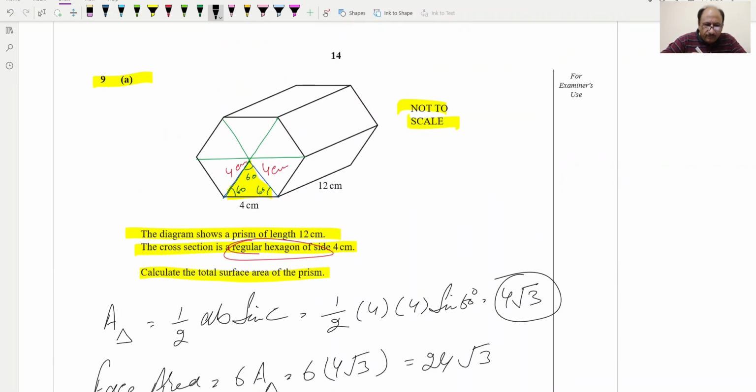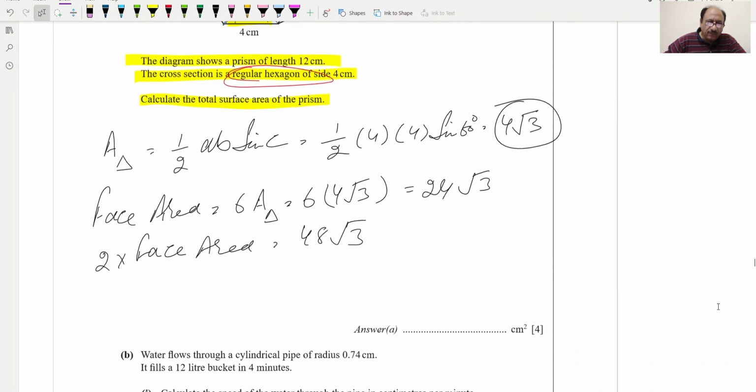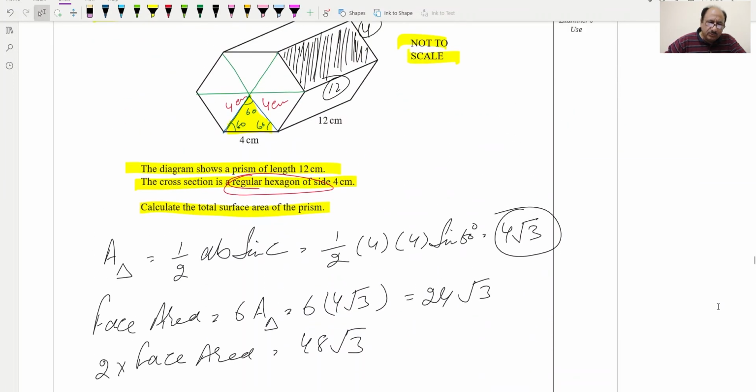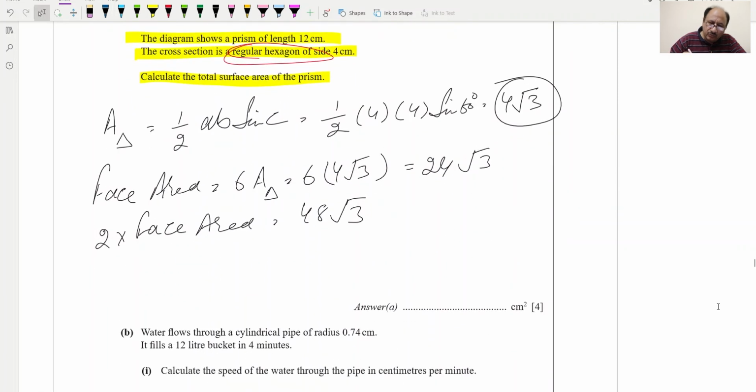Now we can find the area of this portion, this side. This will be 4 centimeter and this is 12, so 12 into 4 will be 48. So this is 48 into 6 sides, so we can write this separately.